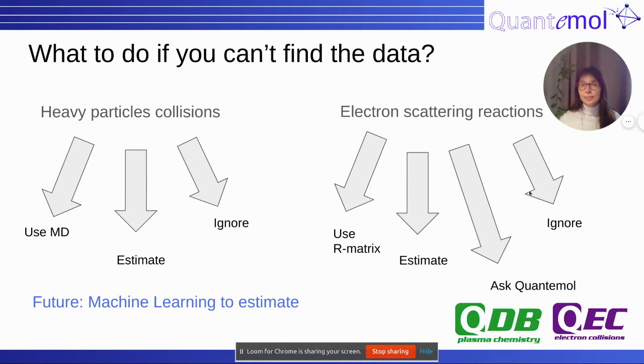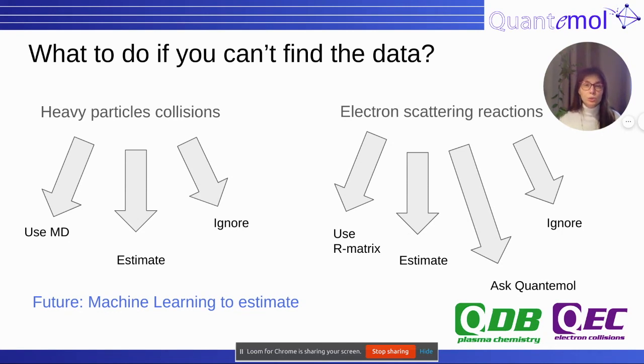The most frequently asked question to Quantemol is actually what to do if you can't find the chemistry data you need. And of course, there are options like estimating it, which is the fastest way, or in some cases ignoring, although I hope I showed you that in some critical cases, you shouldn't ignore the data as it can affect your simulation's validity.